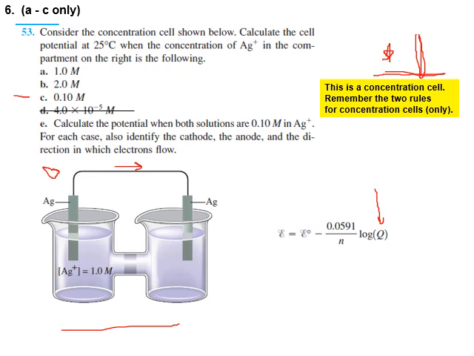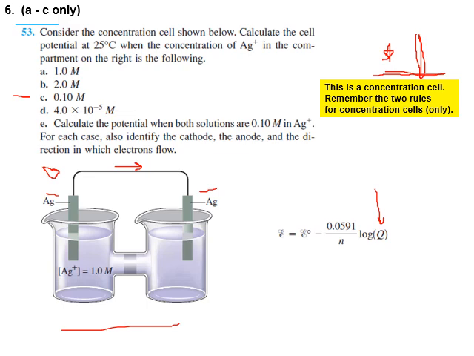So consider the concentration cell shown below. Down here we have a concentration cell, and it's a concentration cell because we have the same thing on both sides. We've got silver on both sides. So it can still generate a little bit of a voltage if you vary the concentrations.